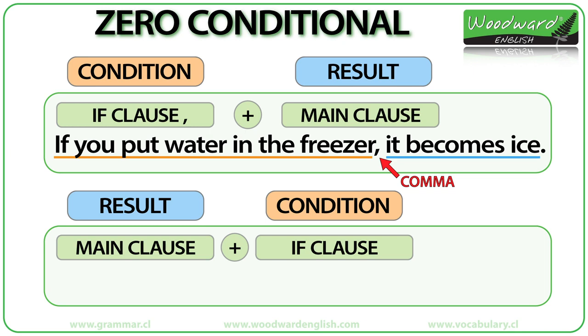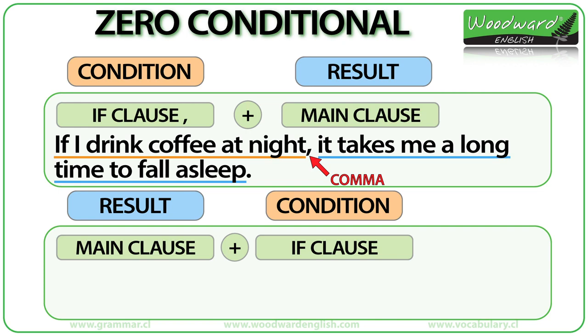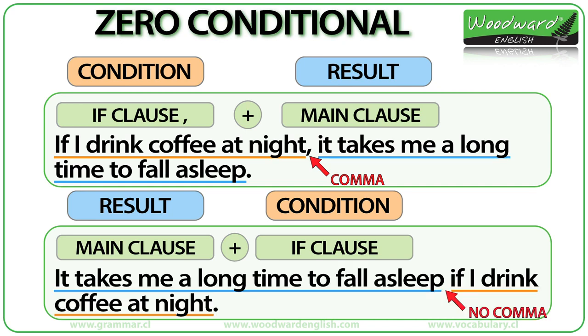This becomes, water becomes ice if you put it in the freezer. If I drink coffee at night, it takes me a long time to fall asleep. You can change the order and it becomes, it takes me a long time to fall asleep if I drink coffee at night.